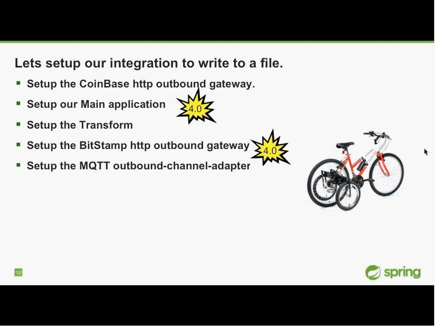The big salesy looking 4.0 moniker says that in these places, I'm starting to use some of the Spring Integration 4.0 goodness. You'll see some of that in our main application. You'll also see that in what we call our Bitstamp HTTP outbound gateway. So with all that being said, let's go do some coding.